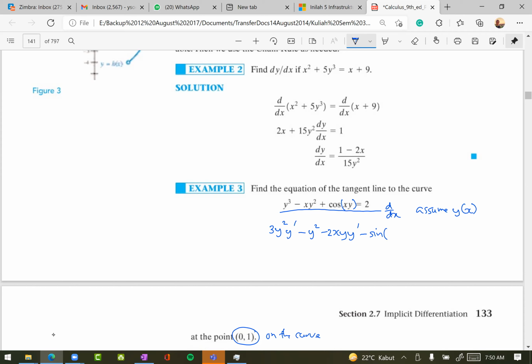It doesn't change the angle. The angle is xy, but then you multiply by the derivative of the angle. The angle is a product, so the derivative of x is 1, and x times the derivative of y. There you go. And this is 0.